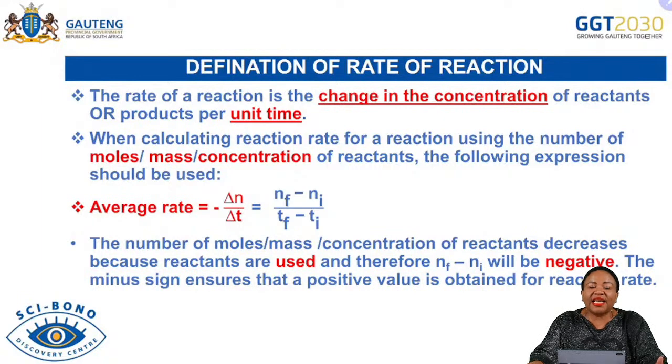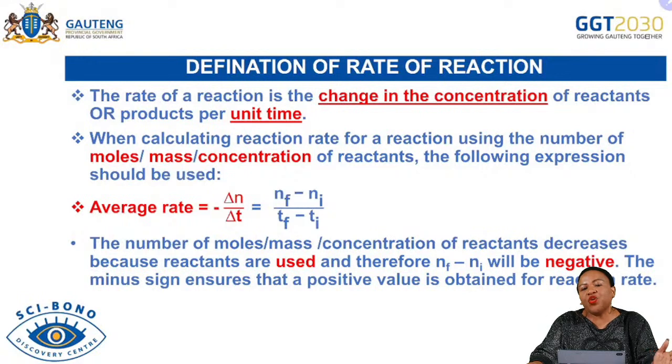Remember, as the reaction starts, the reactants will start changing and converting themselves to become products. So as the reactants are being converted towards products, the concentration of those reactants will decrease. And because you started with no products, as the reaction proceeds, the concentration of the product will start to increase. So as the change in concentration occurs per unit time, that's when we're going to have the reaction rate.